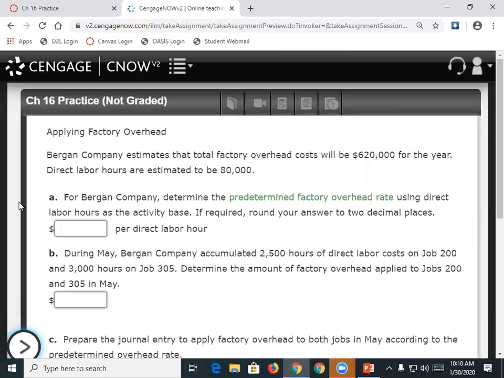Okay, so everybody else has this, right? So remember, our predetermined overhead rate is going to be our estimated total overhead divided by our estimated activity base.